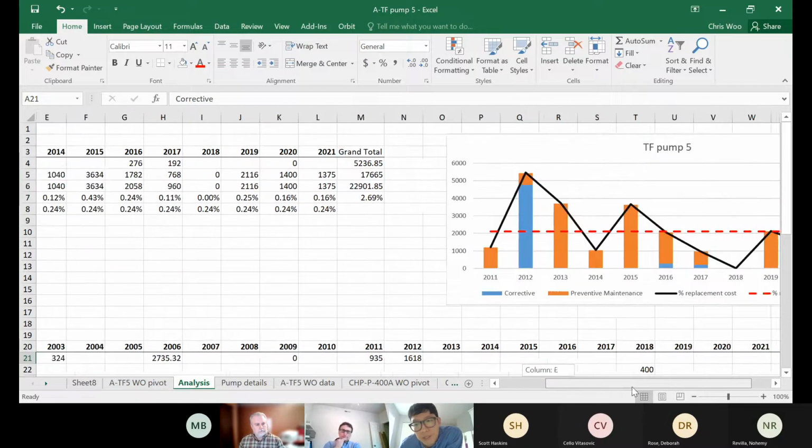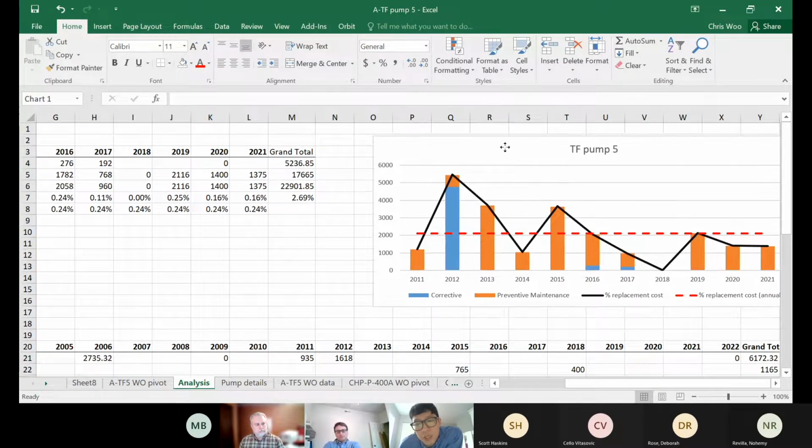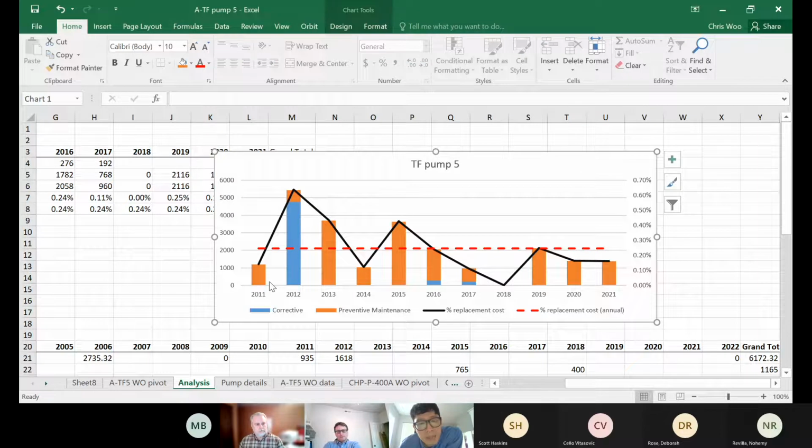In terms of the result, the stacked columns are the dollars of each work order type. Blue is corrective, orange is preventive, and the primary axis is the axis for that. It fluctuates, and some years don't have any corrective.